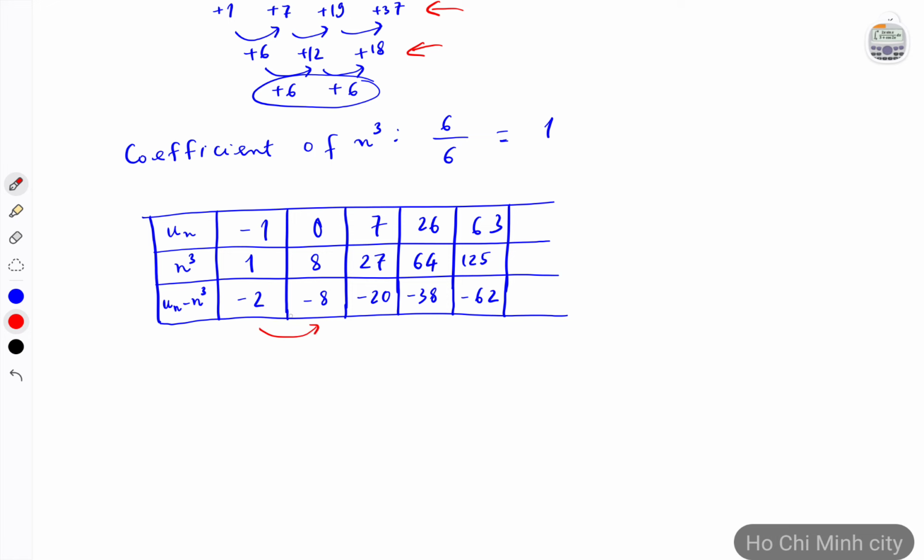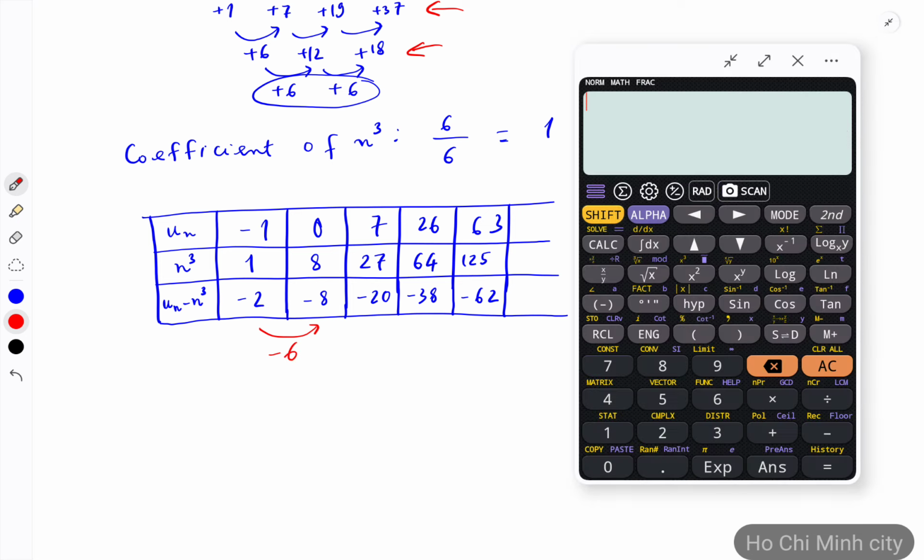From -2 to -8 is -6. Then -8 to -20 is -12, -20 to -38 is -18, and -38 to -62 is -24.